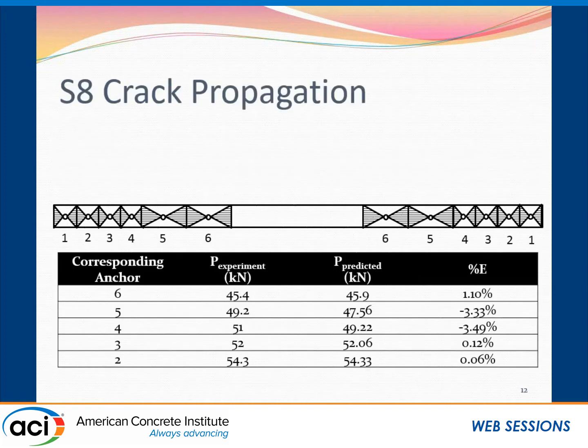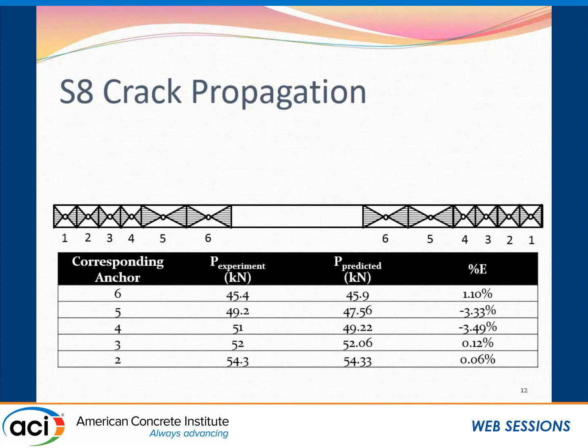Now for slab S8, actually in that paper, the debonding crack propagation was provided. So we were able to compare, as I said previously in the implementation part, we apply load steps until the debonding crack or debonding occurs at an anchor, and then we increase the load and go on until all anchors fail.